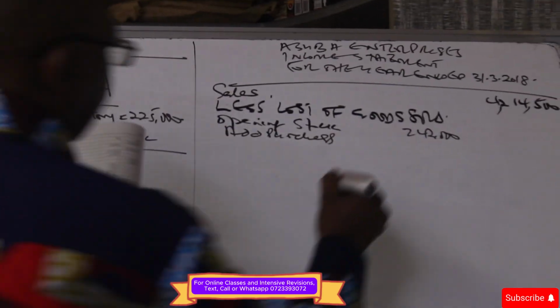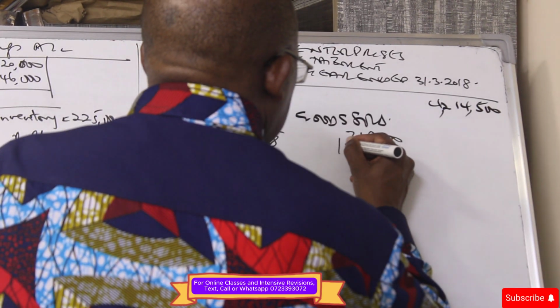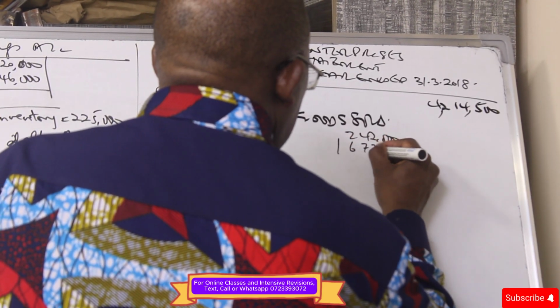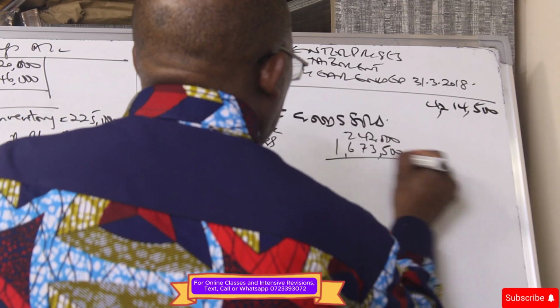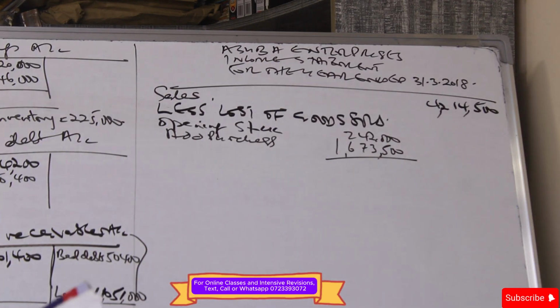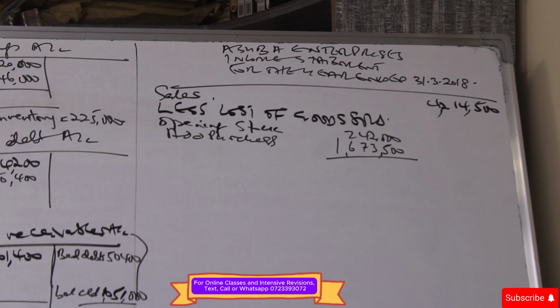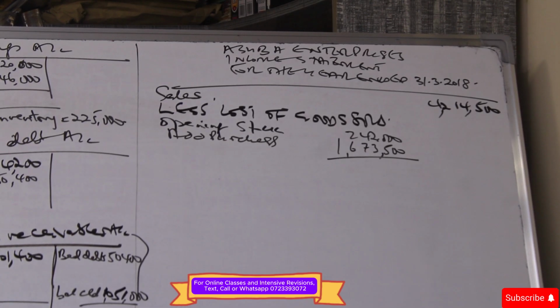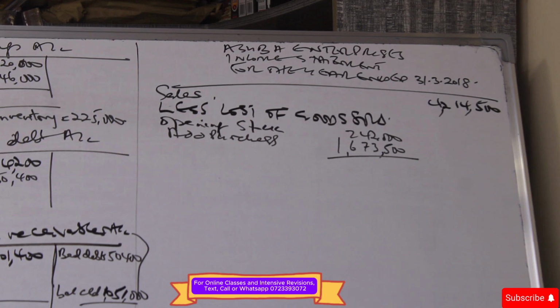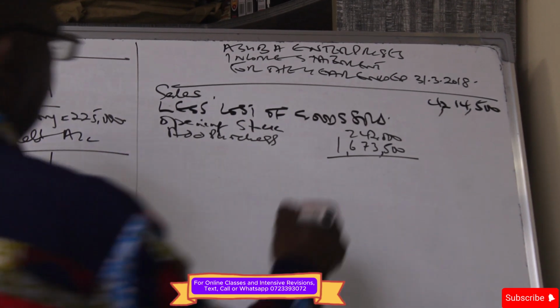1,673,500. So we add 242,000 plus 1,673,500. We get a figure of 1,915,500.